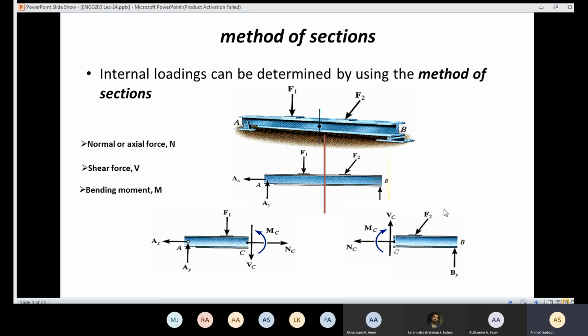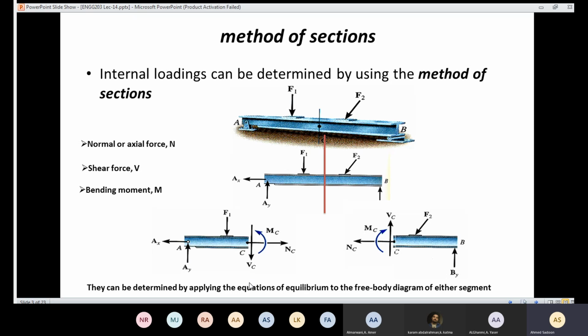Or you can also use the equations of equilibrium on the right part. Since those forces bring the equilibrium for that part, I can apply the equations of equilibrium in order to calculate VC, NC, and MC.